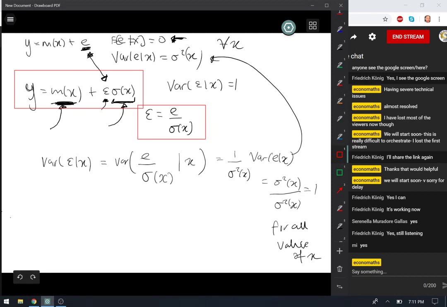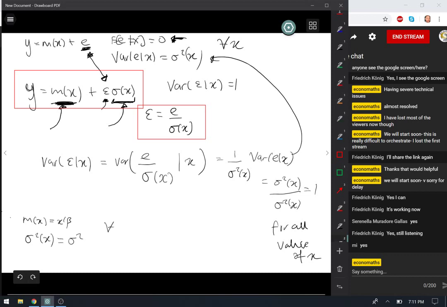There could be any complex functions of x. So the linear model assumes that m(x) is linear in parameters, x'b. It can be written in that form, and then we may assume homoscedasticity. That would assume sigma squared x is just a constant, and they assume this for all x.